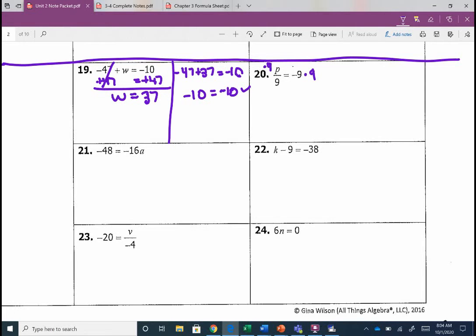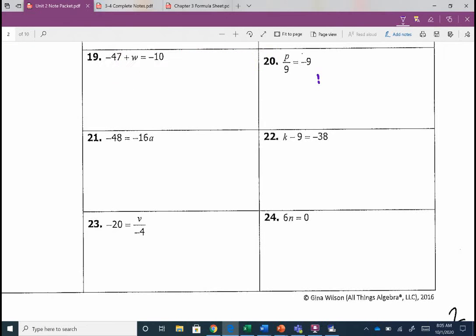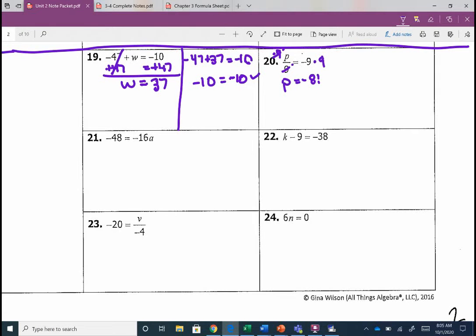Okay? So we multiply. We have p equals this 9 and this 9, they simplify because 9 divided by 9 is 1. So if I go to my calculator, negative 9 times 9, negative 81. Be careful on your negatives. It does make a difference if it's positive or negative.